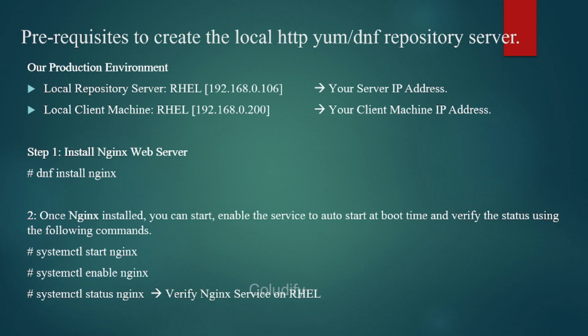Then we enable Nginx, because if we restart the system, the service will automatically start in the background. For that we use the systemctl enable nginx command. After that, we verify the Nginx package with the systemctl status nginx command.